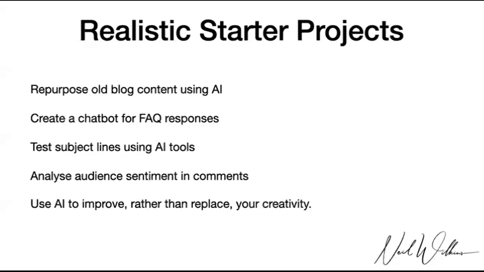We're running a project with a lowercase p to get used to this structure and this framework, to get used to carefully selecting the right tools for the job that we need. So some of these things are very small. They're quite lightweight marketing activities, but they're a great place to start to learn how to project plan with AI. So I would always recommend that that's where you begin as a starter project.